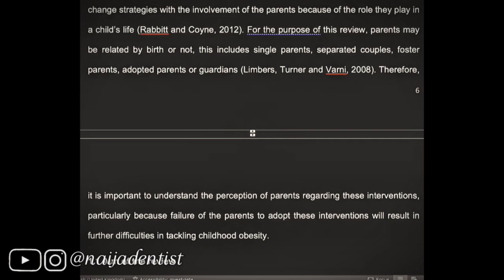It is important to understand the perception of parents regarding these interventions, particularly because failure of the parents to adopt these interventions will result in further difficulties in tackling childhood obesity and the government not being able to achieve their goal of halving the prevalence of childhood obesity come 2030.